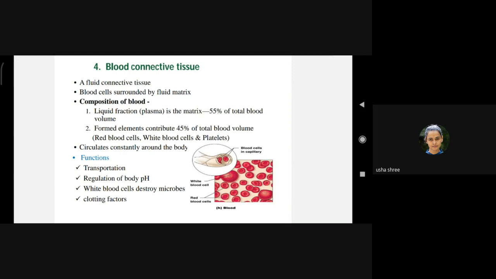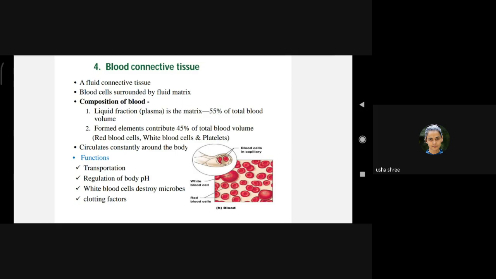And formed elements contribute 45%. So other blood cells and platelets make up 45% of total blood volume. Blood circulates constantly around the body. So each and every time our blood is circulating throughout the body.